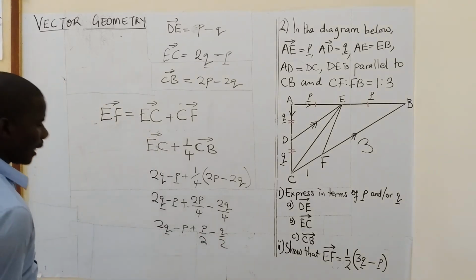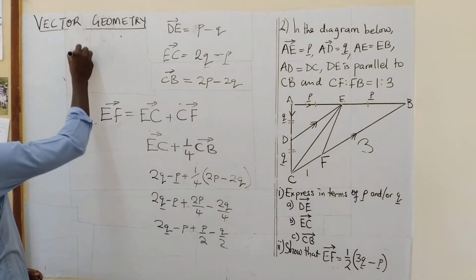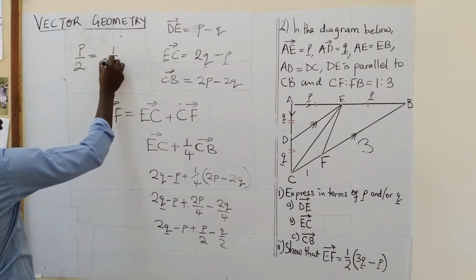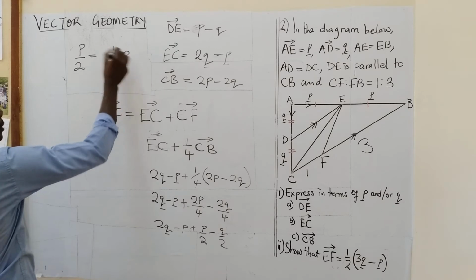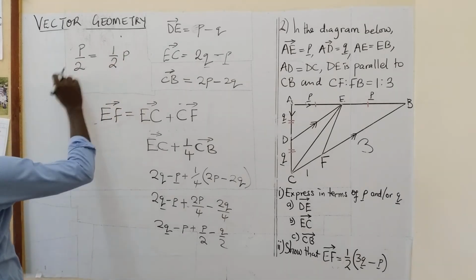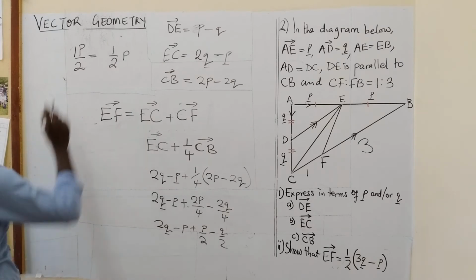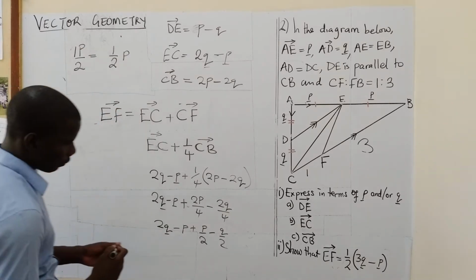So you need to note that p over 2 is the same as 1 over 2p. There is a coefficient here of 1, so these are the same. Take note of that.